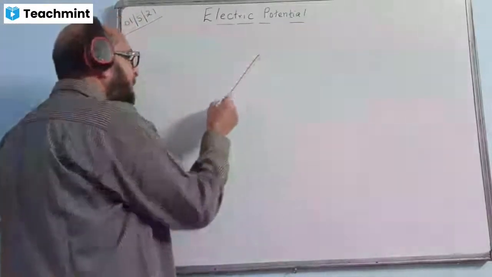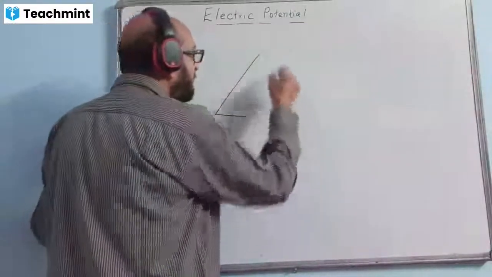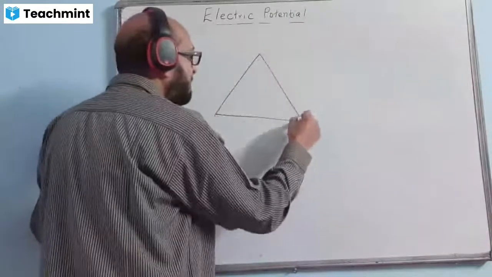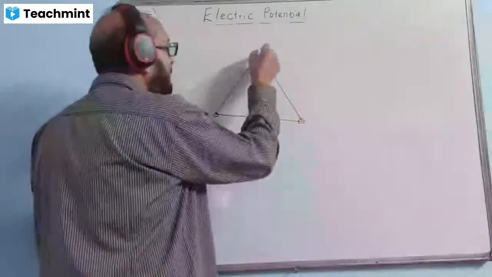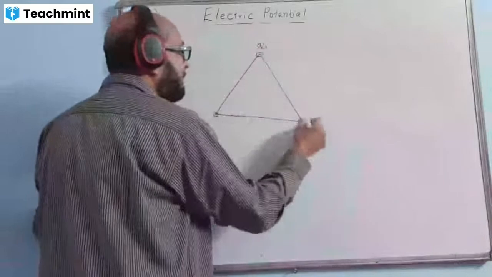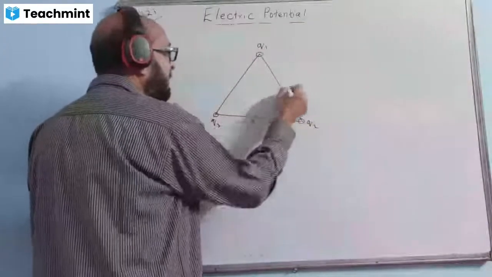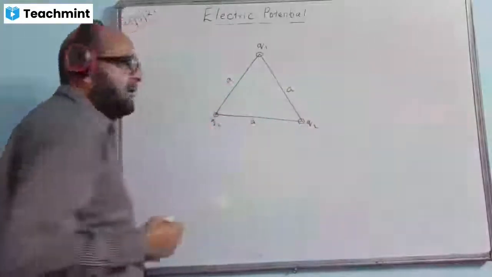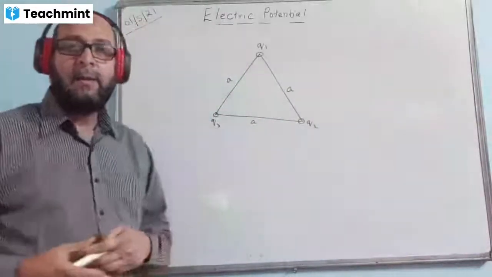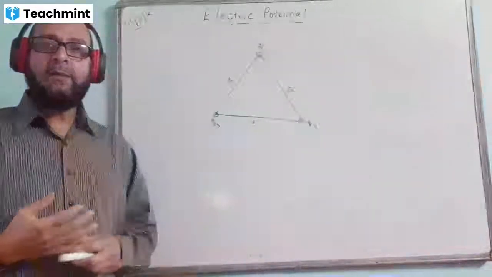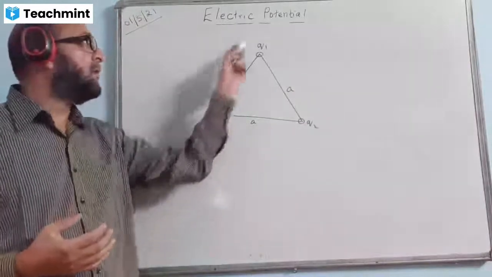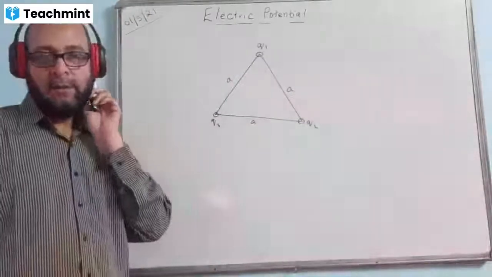A diagram is given, and you have to find the total potential energy of this system of charges. This is Q1, this is Q2, this is Q3, and the side is given as A. That means this is an equilateral triangle. They're asking you to find the potential energy of the system of these charges.